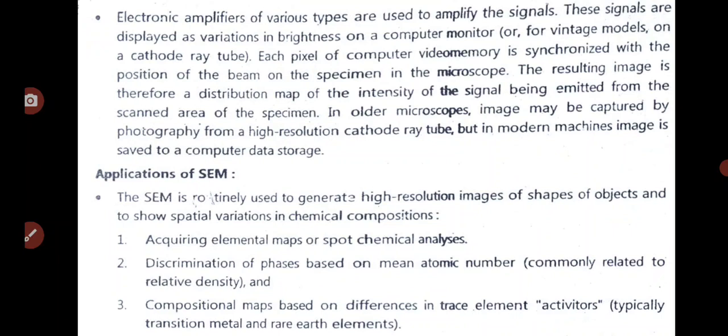Each pixel of the computer's video memory is synchronized with the position of the beam on the specimen in the microscope, and the resulting image is therefore a distribution map of the intensity of the signal emitted from the scan area of the specimen.